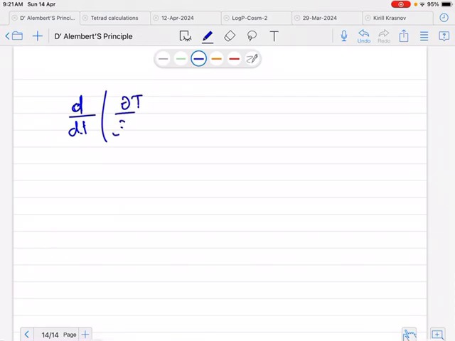T over del qj dot minus del T over del qj, you can use one symbol, and the Qj term which is minus, so minus minus plus.